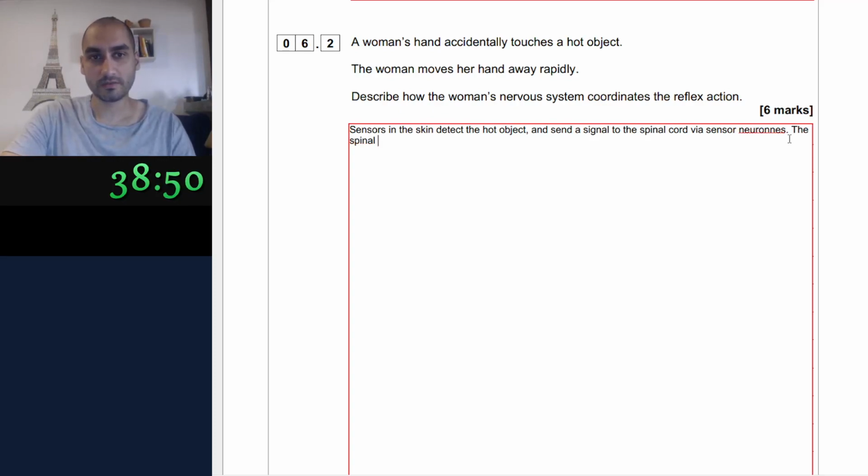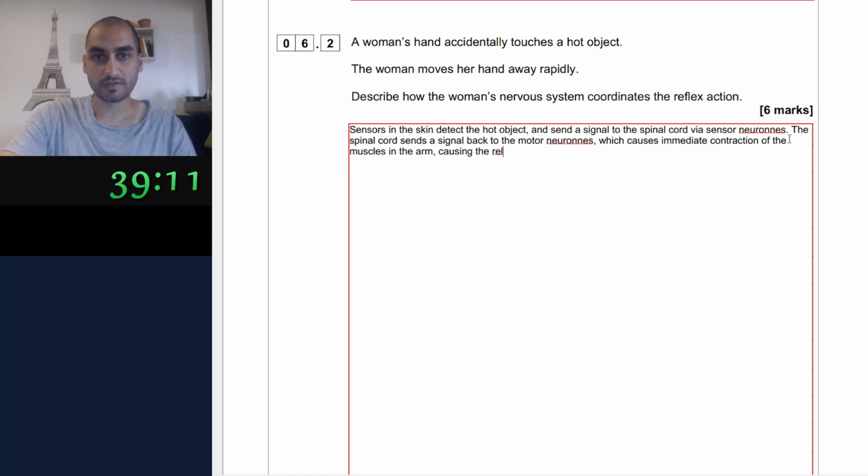The spinal cord sends a signal back to the motor neurons, which causes immediate contraction of the muscles in the arm, causing the reflex action of retracting the hand.